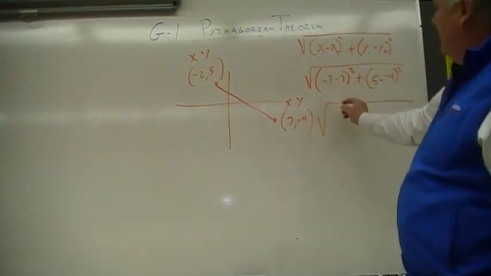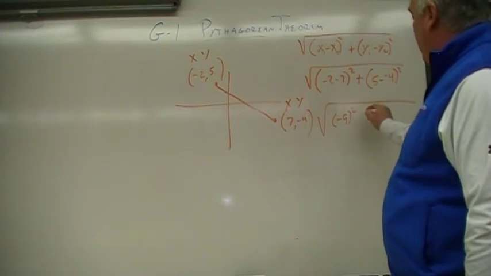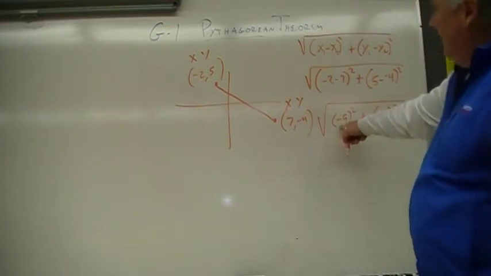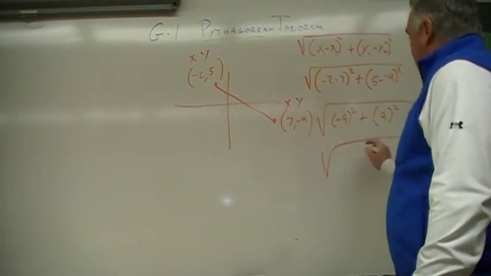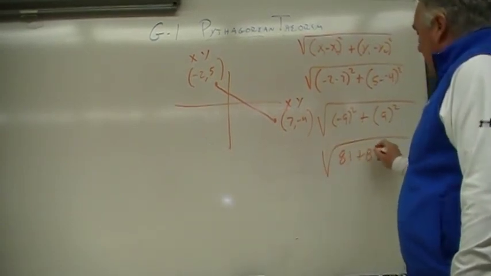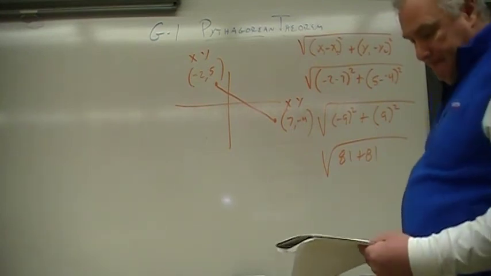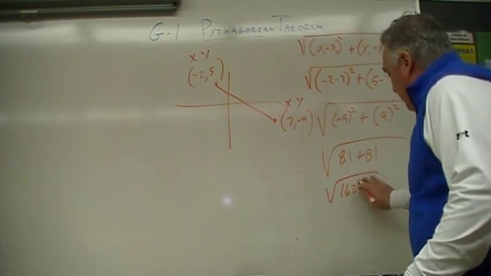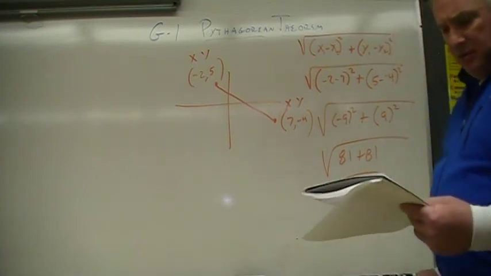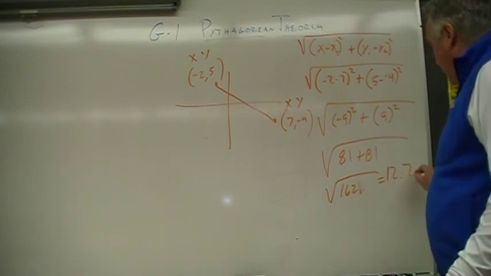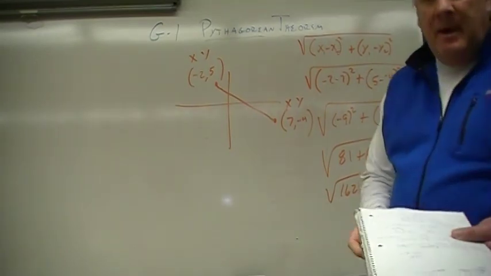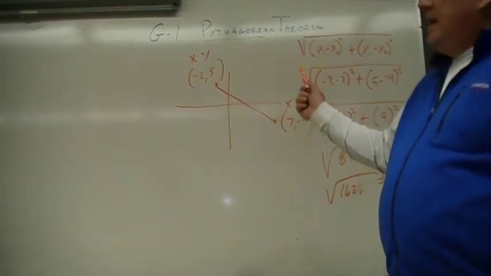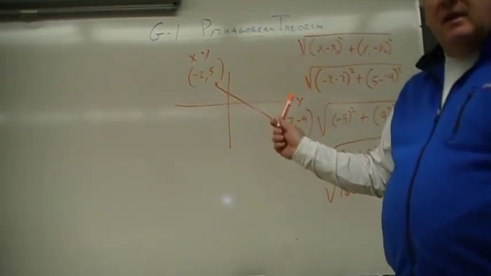So this is -9 squared plus 9 squared. -9 squared is 81 plus 81. The square root of 162, and that's going to equal 12.7. Okay? Now, I went through that kind of quick, the time is running out. Take your time and watch this part again if you need to.